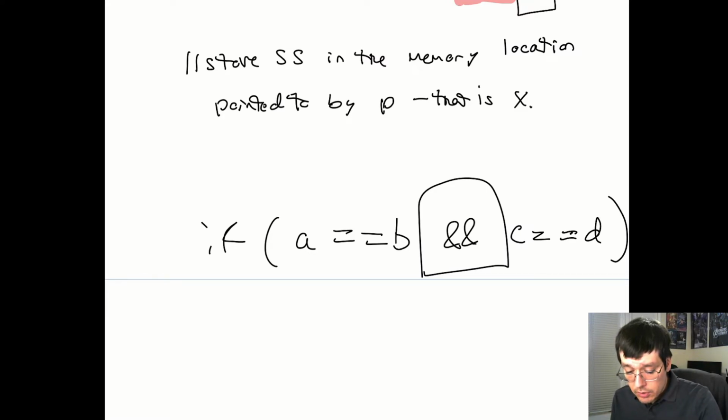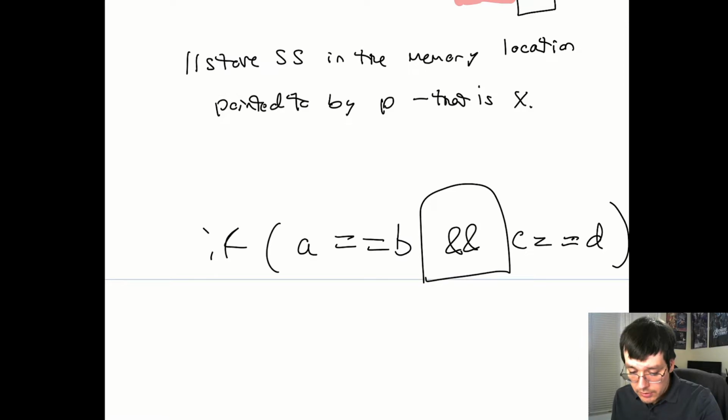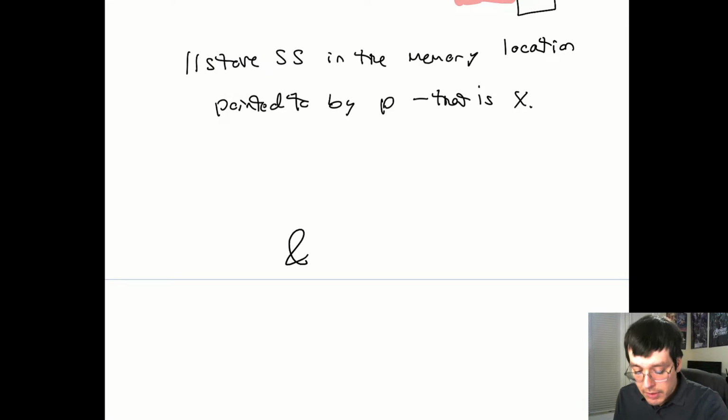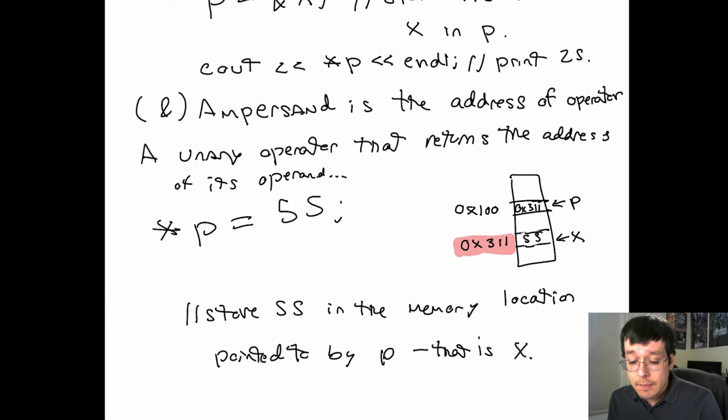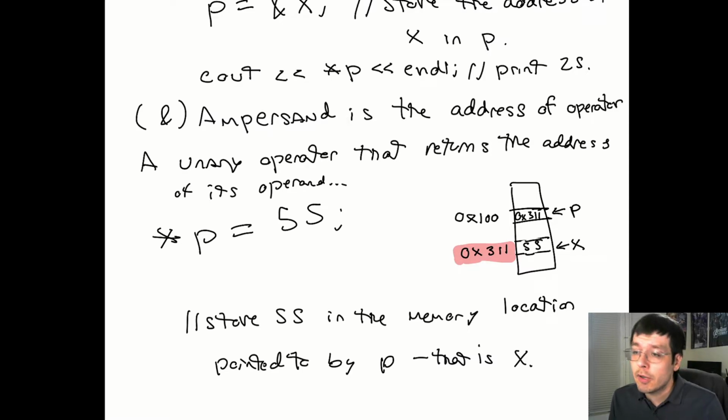And then I believe you also have, although I'm not 100% sure, but I'm like 99% sure, I haven't done this in a while, you could also do bitwise AND if you use a single one. So that's a binary operator. But this is a unary operator, and that's why there's no ambiguity as to which operator you're referring to.